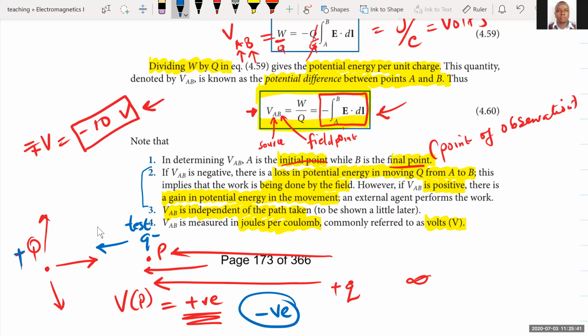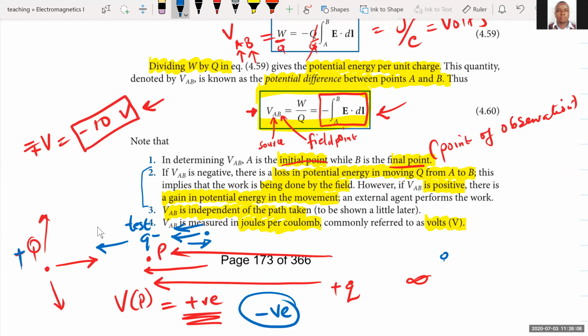And that is important, because if the work is being done by the field to bring the charge closer, then an external force will appear like it is being pulled towards the field. Just take this example.